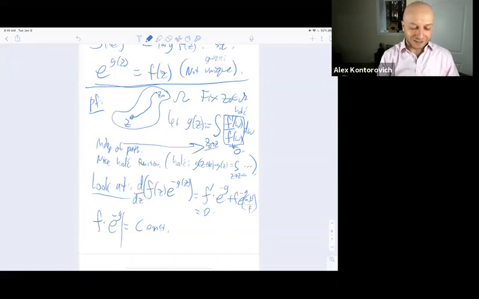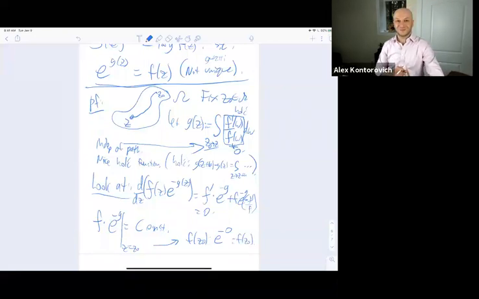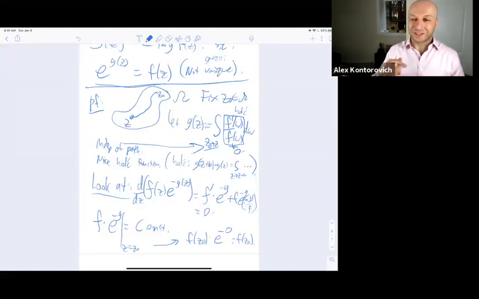I get f of z0 times e to the minus g of z0, which is 0. So the constant's coming out to f of z0. So it's not quite right. We want it to come out to 1.